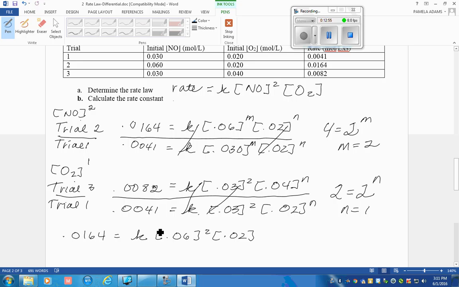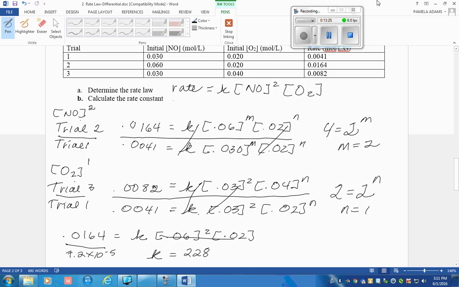When I do my math, I come out with 0.0164 divided by 7.2 times 10 to the negative 5th, which is this squared times that, is equal to k. k is equal to 228. Now remember, the rate law constant has that very important unit.